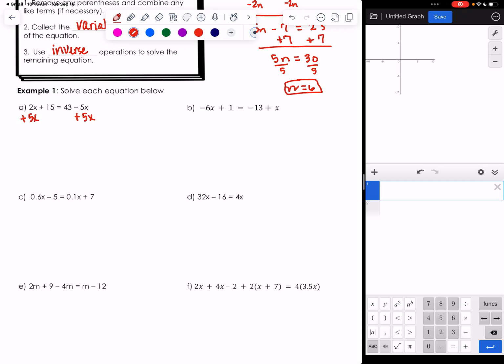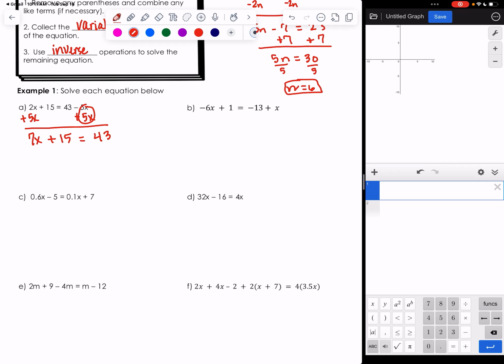All right, now let's combine like terms. 2x plus 5x gives me 7x plus 15 is equal to 43, because this would zero out. All right, now we have a normal problem to solve. We have 7x plus 15 is equal to 43. So for the x, we're multiplying it by 7 and then adding 15.